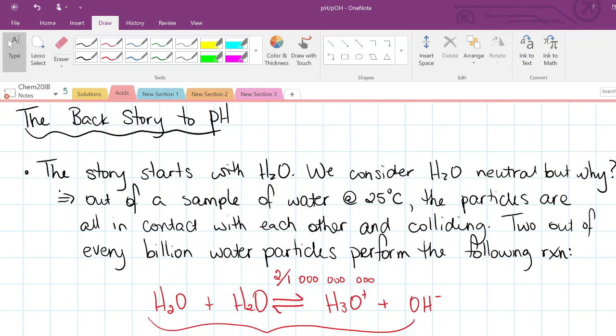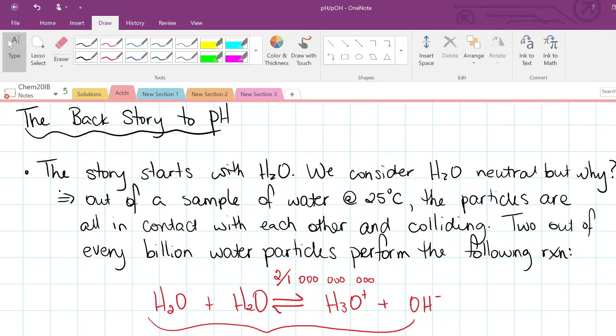And in that process, by colliding hard enough that the hydrogen transfers, we end up producing 1 ion of hydronium and 1 ion of hydroxide. So that's for every 2 out of every billion molecules.